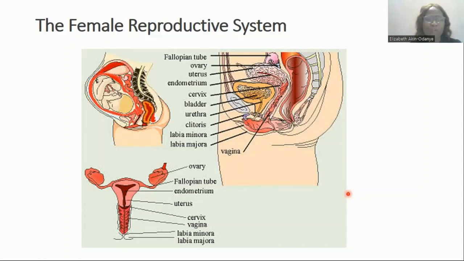Within this ovary, there are follicles, and these follicles consist of precursor egg cells. The precursor egg cells are surrounded by special cells to nourish and protect them. Every female is born with follicles, or potential eggs, about 400,000 of them.